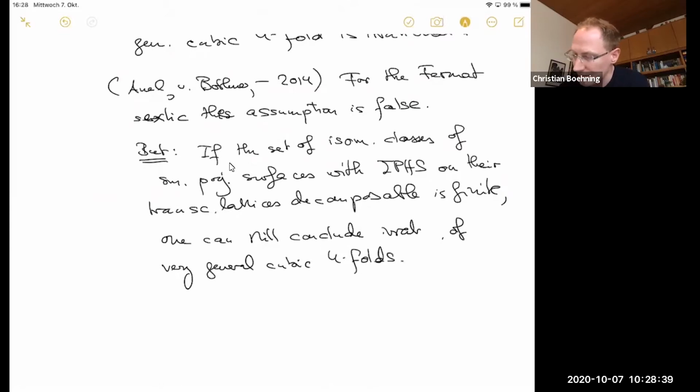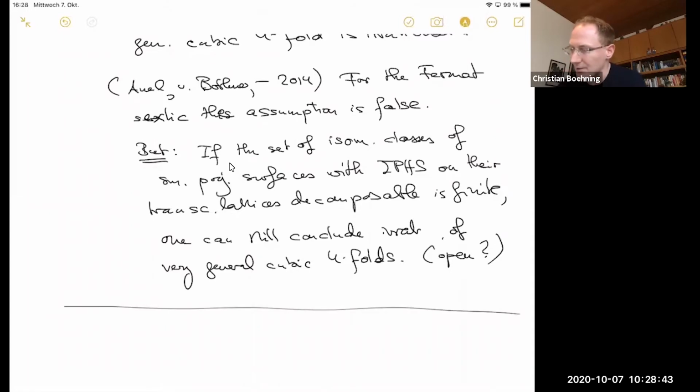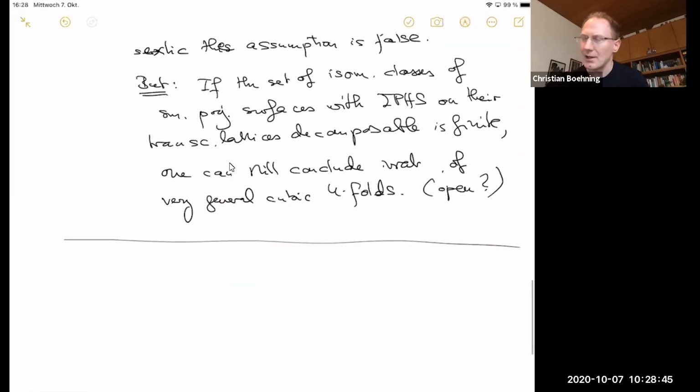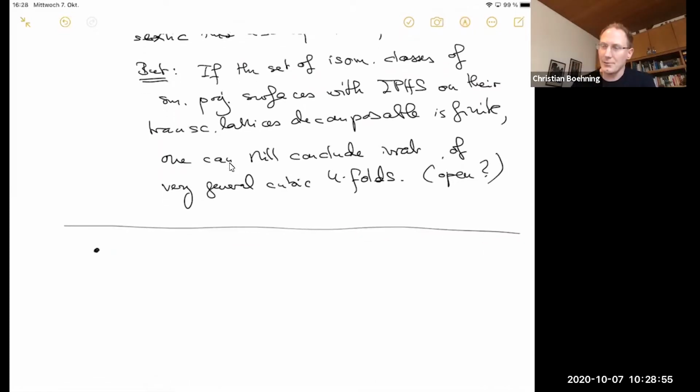Yes, so this is something that I think is open, maybe. I'm not aware of any counterexamples, though it may well be that this decomposability does indeed happen more generally.